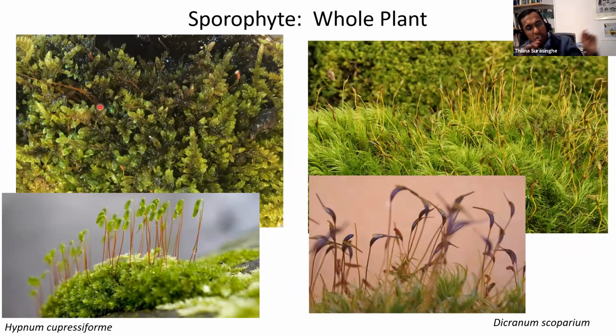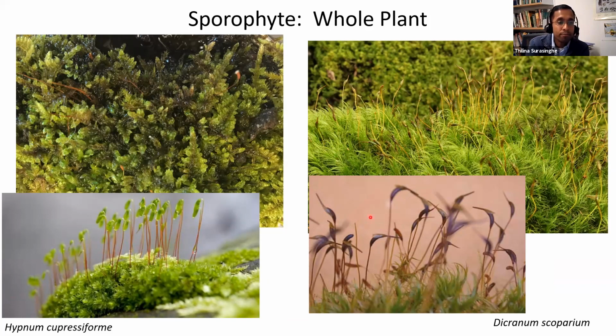But take a closer look, you will see brown-colored thread-like structures, and you will wonder what the hell these are. When they are more mature and ready to reproduce, you see both the green structure on the bottom, the actual gametophyte, and the brown non-green structure, the sporophyte, on the top.